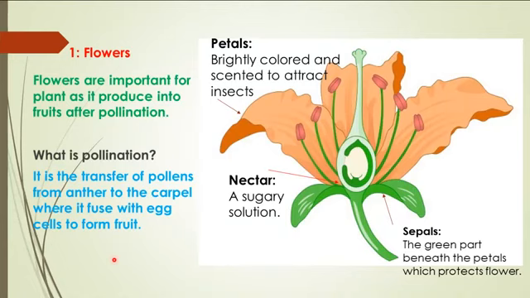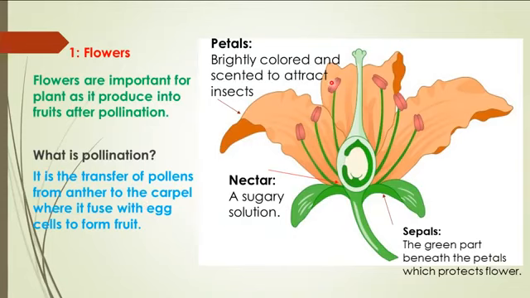So next time you see a mango or an apple, remember it is a result of pollination. But what is pollination? It is the transfer of pollen from anther to carpel where it fuses with egg cells to form fruit.